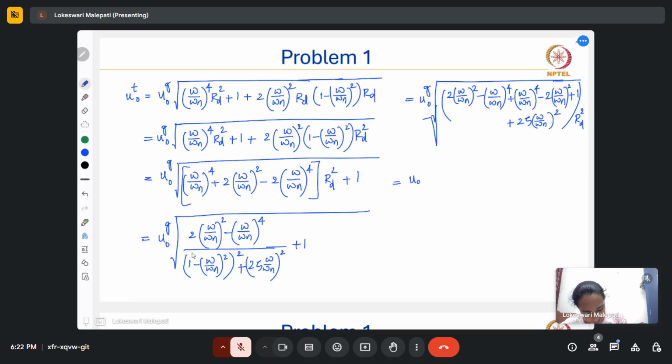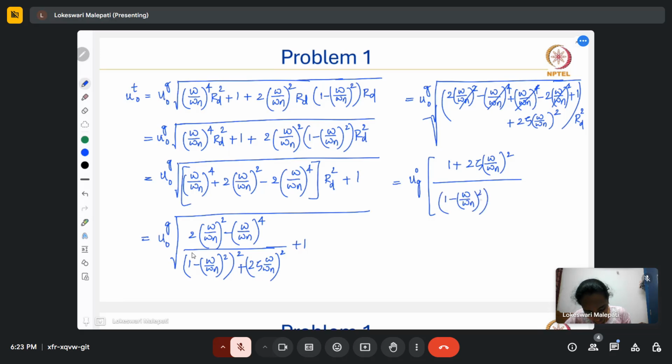So here we have ug naught, so here these terms get cancelled, and in the numerator we have only 1 plus 2 zeta omega by omega n whole square, and in the denominator this term 1 minus omega by omega n whole square plus 2 zeta omega by omega n whole square, whole power 1 by 2.